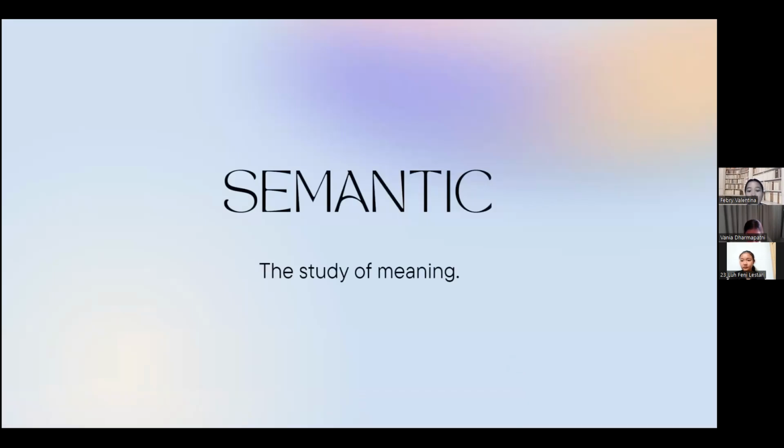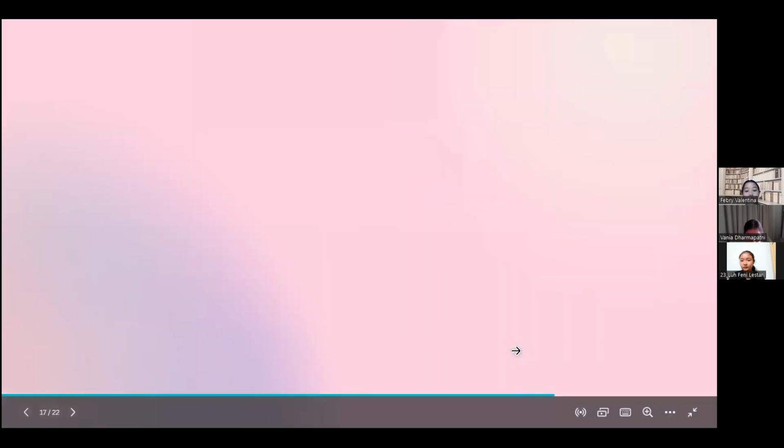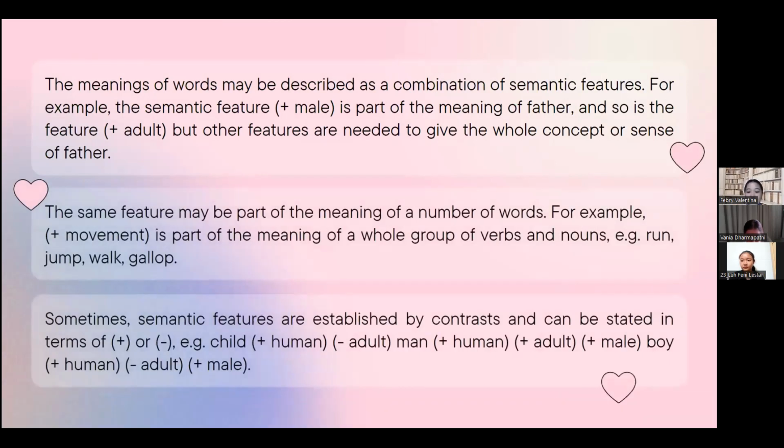The next we have semantics, or the study of meaning. There are many different approaches to the way in which meaning in language is studied. The meanings of words may be described as a combination of semantic features.